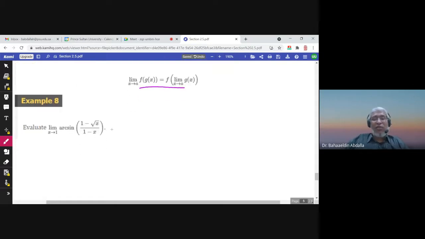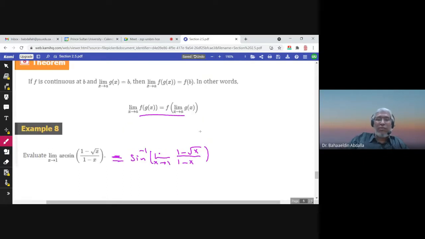So to evaluate this limit, the function is inside sine inverse, so you can write sine inverse and take the limit inside sine inverse as x approaches 1. Sine inverse should be continuous here, so when we evaluate this limit, we will find out what the limit is.